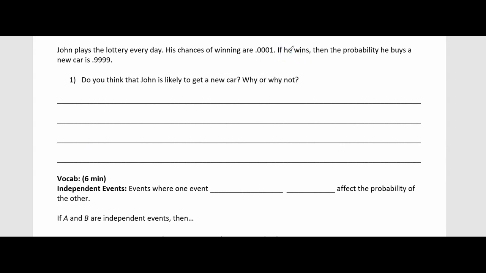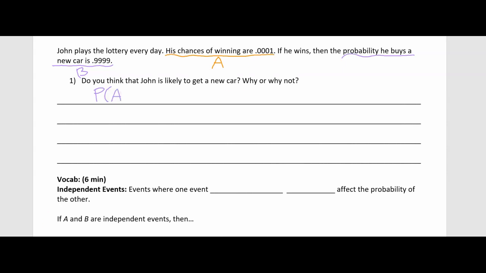Well, chances of winning the lottery, that's going to represent the probability of A. Probability he buys a new car, that's going to represent the probability of B. That's our second event in this dependent scenario. So the probability of A and B, these are dependent events, is going to be equal to 0.0001 times 0.9999.